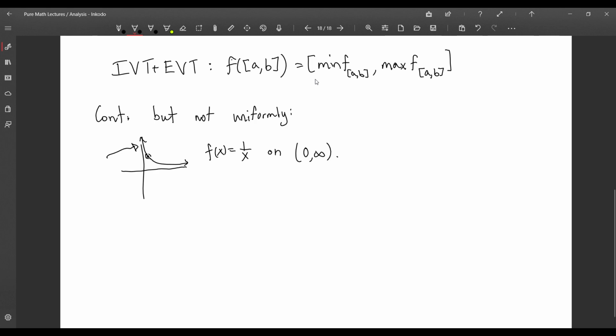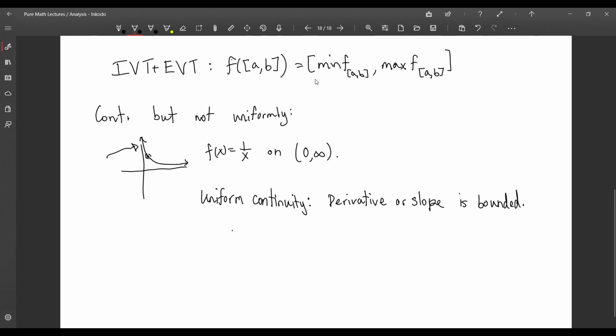And essentially, a way you can think about uniform continuity is that the derivative or slope, since we haven't talked about what a derivative is, the derivative or slope is bounded, right?